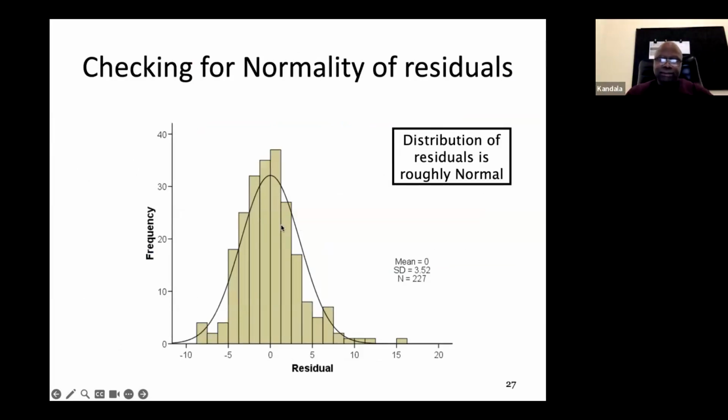In Stata, for those also using Stata, you can also check this with a graph: how to check that the residuals are normally distributed.